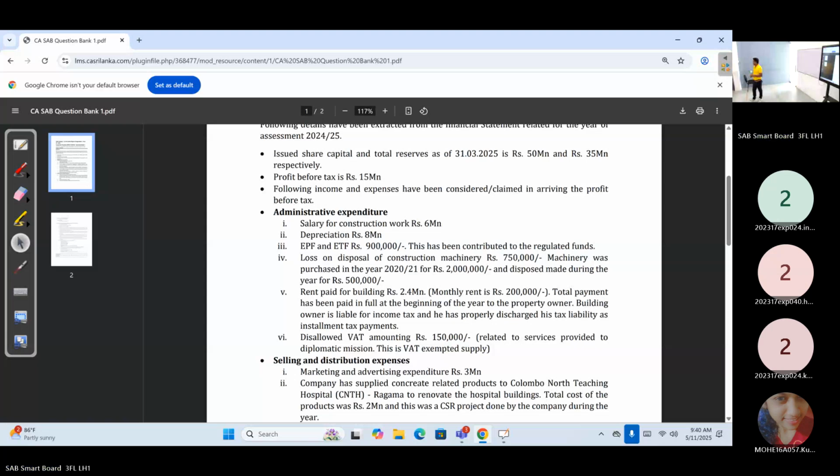So it is not deductible. That entire 2.4 million is disallowed.